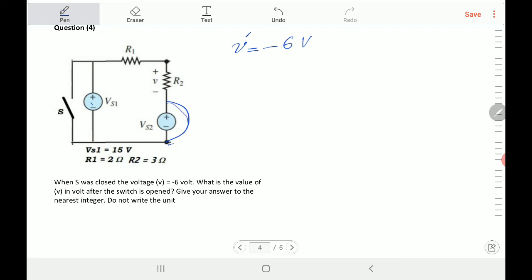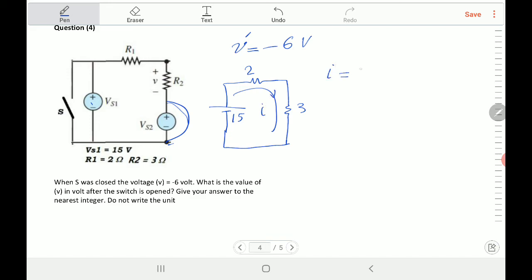So when you do that, what do you have? You have VS1, which is a voltage source, and you have resistance R1 and resistance R2. R1 is given as 2 ohm, R2 is 3 ohm, and VS1 is 15 volt. Very simple. So the current will go in this direction.